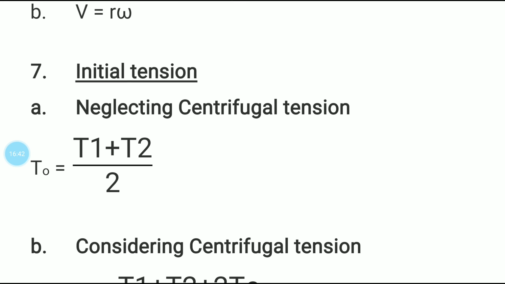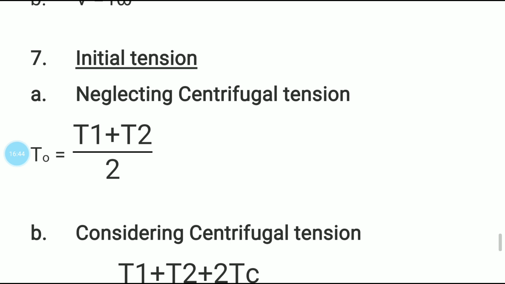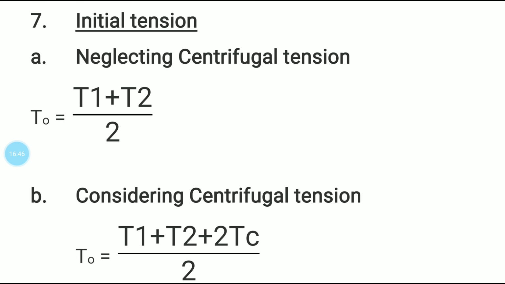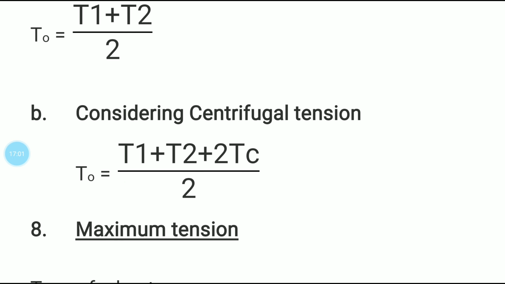Seventh one, initial tension. There are two categories: neglecting centrifugal tension and considering centrifugal tension. If you neglect the centrifugal tension, T0 is equal to (T1 plus T2) divided by 2. This is neglecting centrifugal tension. And considering centrifugal tension, T0 is equal to (T1 plus T2 plus 2 Tc) divided by 2. This Tc is called the centrifugal tension.